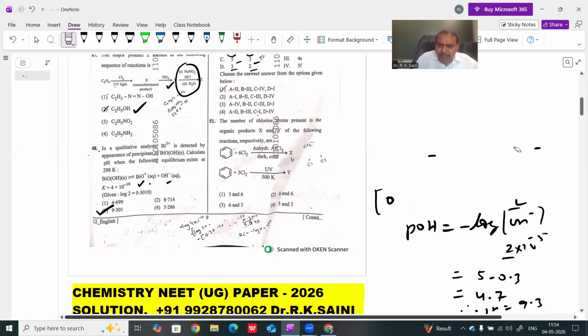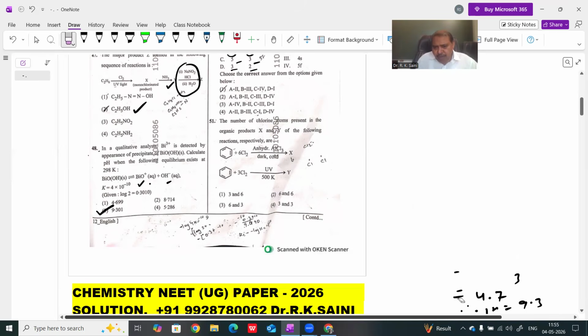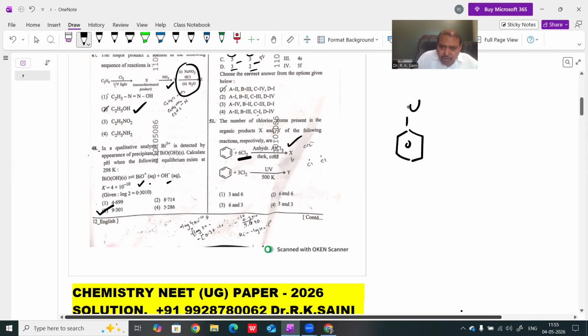Question 50. This question is taken from aromatic hydrocarbons, namely the reaction of benzene from your 11th class NCERT. Benzene reacts with Cl2 in presence of FeCl3. It means an electrophilic substitution reaction takes place. When one chlorine takes part in this reaction, then one chlorobenzene and HCl are formed in presence of FeCl3.